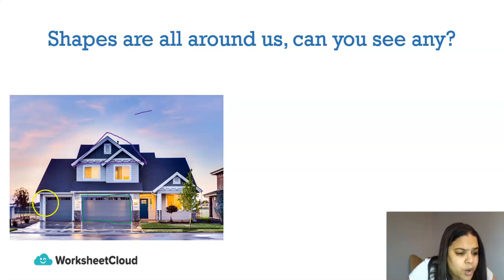And then over here you can kind of see a square, okay? And then you can see rectangles, the windows. And here's another square. I mean, even the tree looks a little bit like a triangle, grade 3s. Can you see that? The door is a rectangle over there.